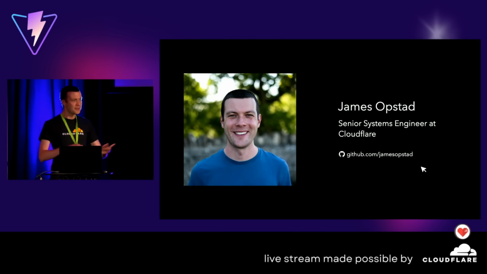So before coming to this conference, who had heard of the Environment API before? Okay, good. And who would say they had a good understanding of what it is? Okay, so far fewer hands. So I feel like it's slightly mysterious at the moment.